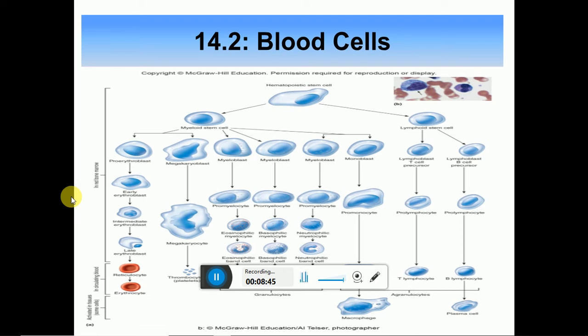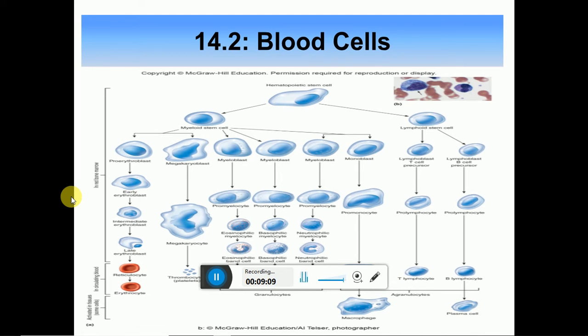You don't have to know the cells or the stages, or how this happens in order, but you do have to be familiar with the different parts that we're going to be discussing right now. Again, your myeloid stem cells will give you all of your different cells except for your T and B lymphocytes. T and B lymphocytes come out of the lymphoid stem cell.